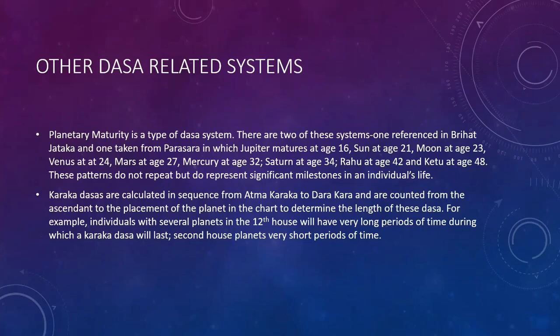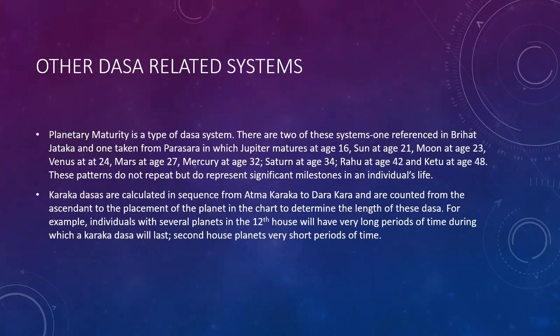So essentially, I'm in my Sun Brihad Jataka Mahadasha right now, which makes sense given my chart. But also, the Parashara planetary maturities tend to manifest different things.